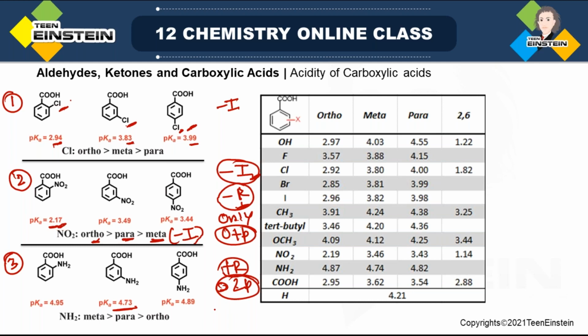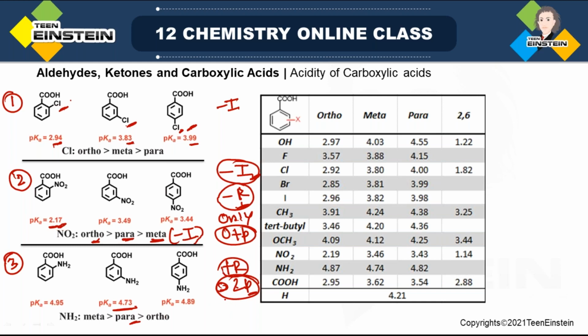So meta will have maximum acidity, and after that it is para and ortho, because when it is at the para position, compared to the ortho position, the plus R effect will be less. So that is why after meta, para has the higher acidity, and then ortho.